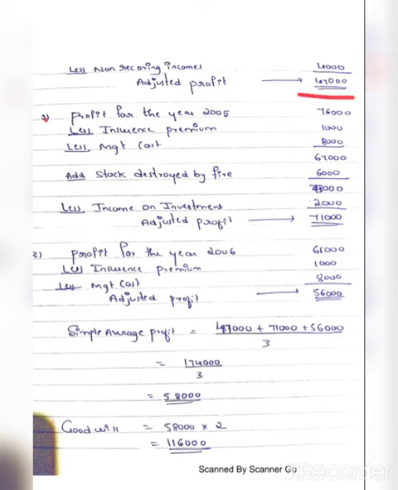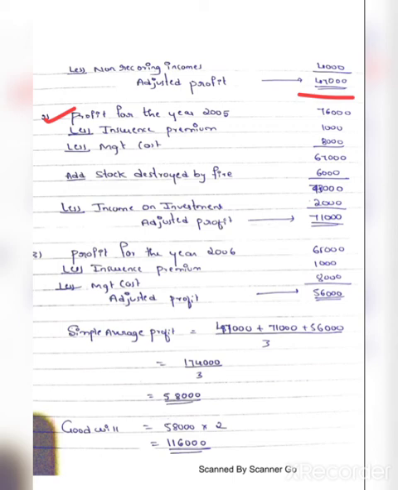Okay, next second one, the profit for the year 2005 rupees 76,000 less insurance premium 1,000 less management cost 8,000. Both are normally taken every year. Next final answer 67,000. Then add stock destroyed by fire rupees 6,000, already given in the first adjustment point.